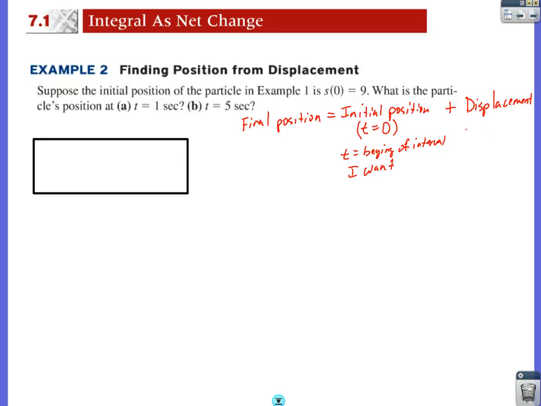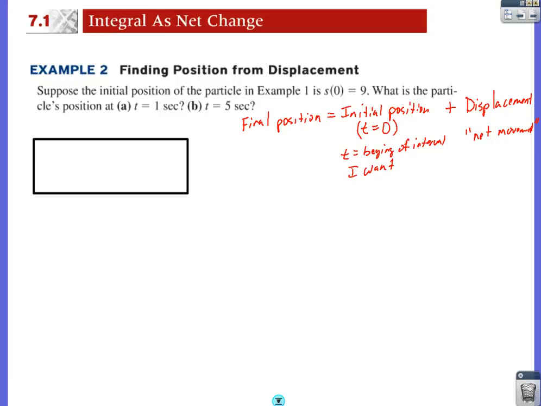Displacement is my net movement. What does net movement mean? That means I can move to the left, I can move to the right, but overall, how much did I move in general? Does that make sense?